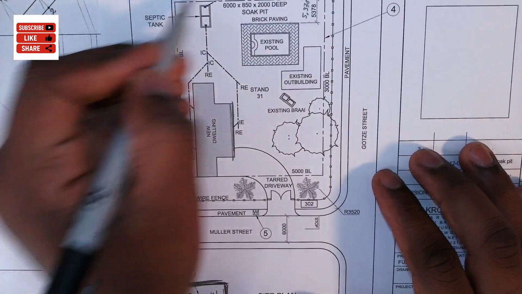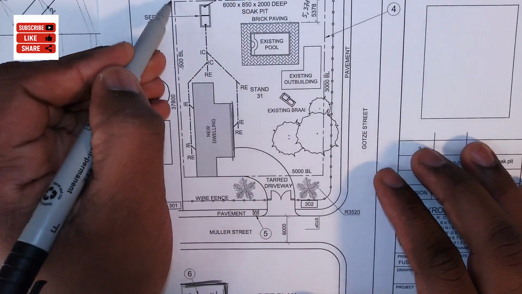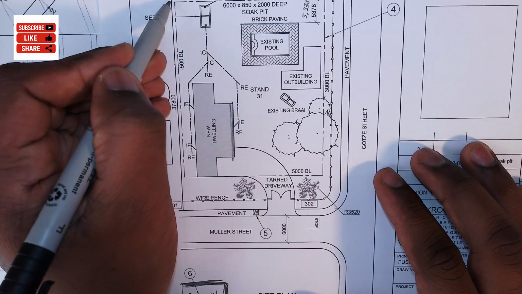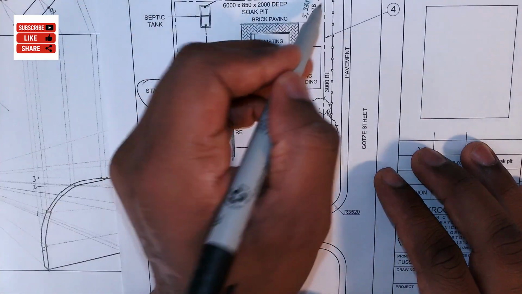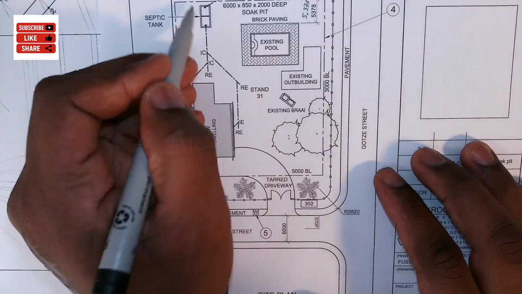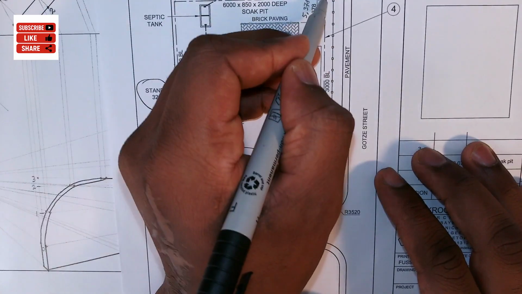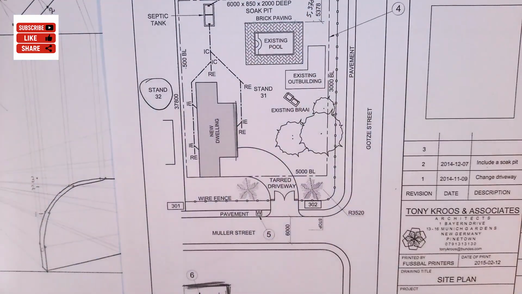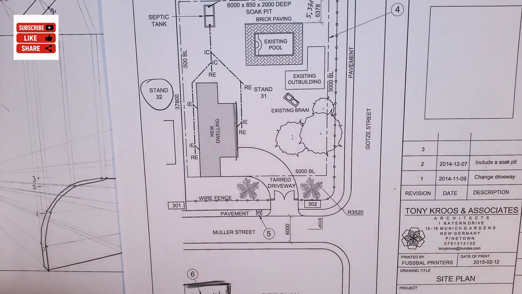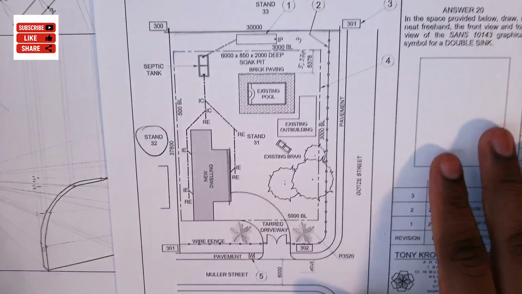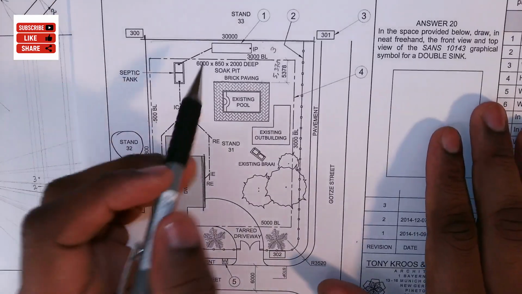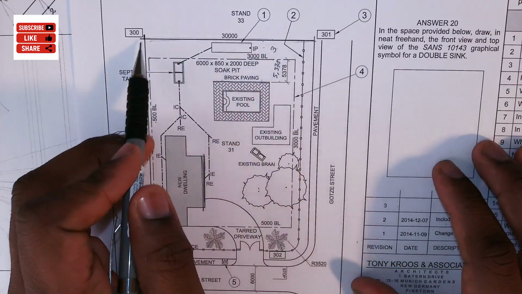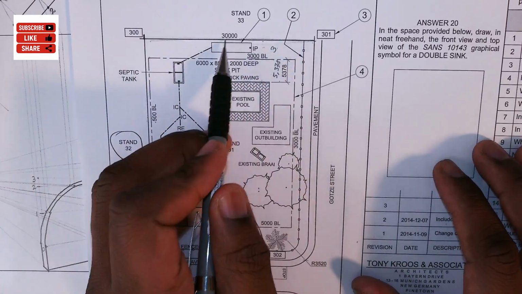So from this 30,000 we will have to minus 500 and also 3,000 to get this distance. All right, let me just use my pencil for that. Oh, sorry, you didn't see. So I was talking about this boundary line, it's 30,000.